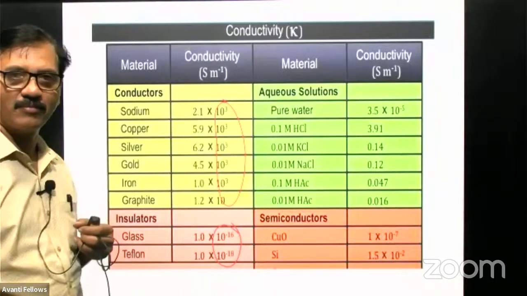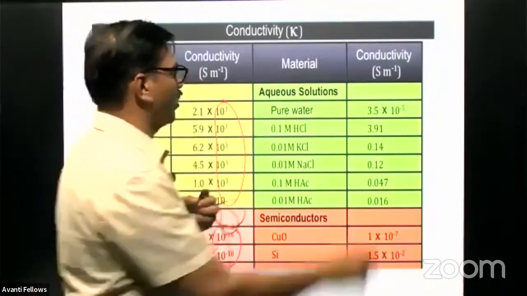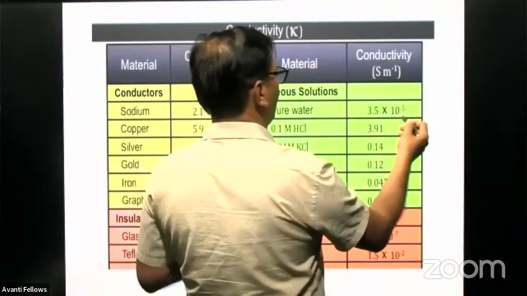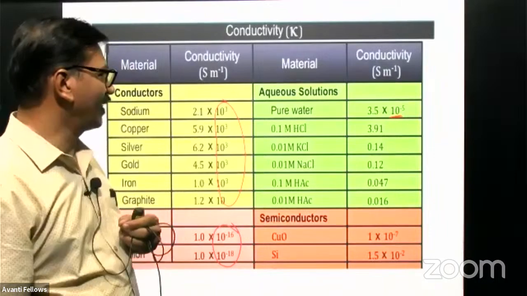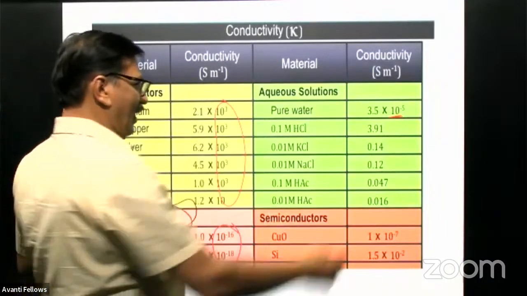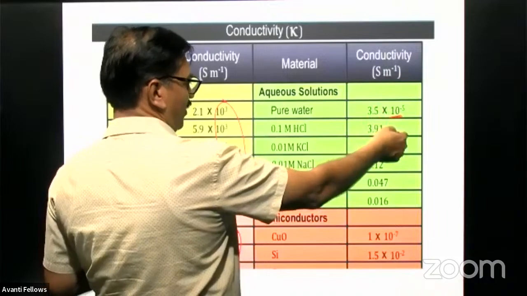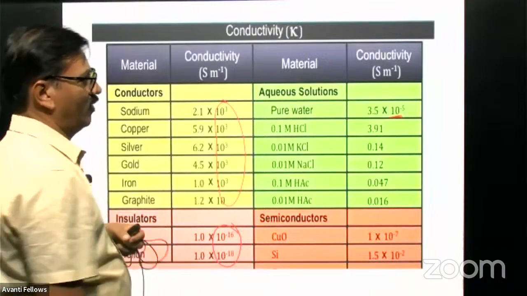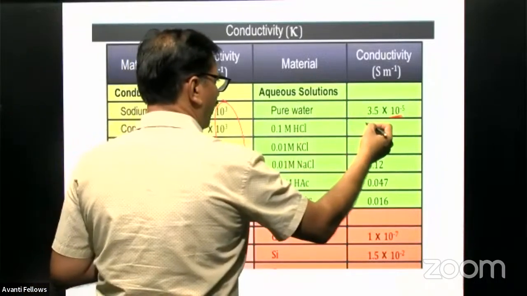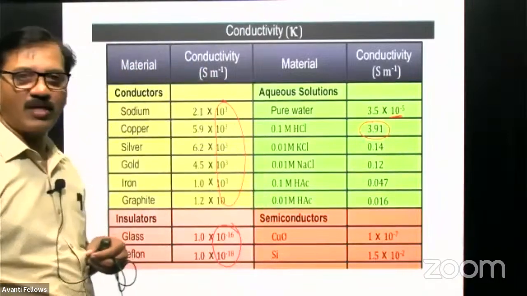Pure water is 3.5 into 10 to the power minus 5 conductivity value. These are nearly 1 or 10, or less than 1. 0.1 M HCl is 3.91, and all are less than 1.